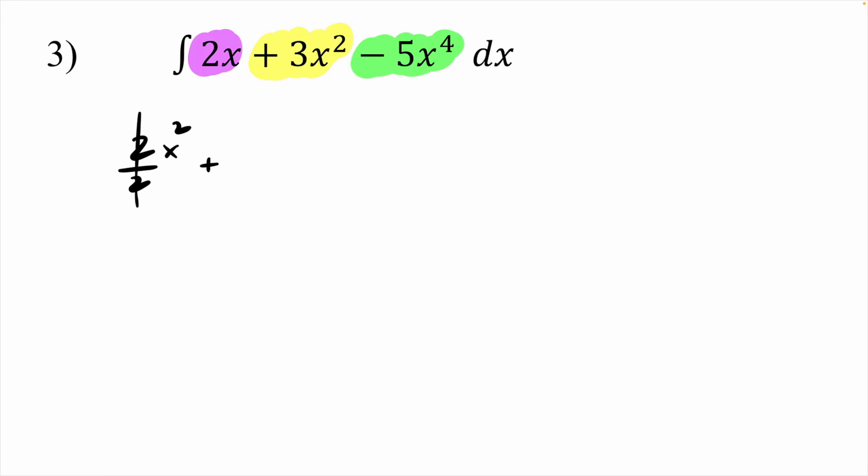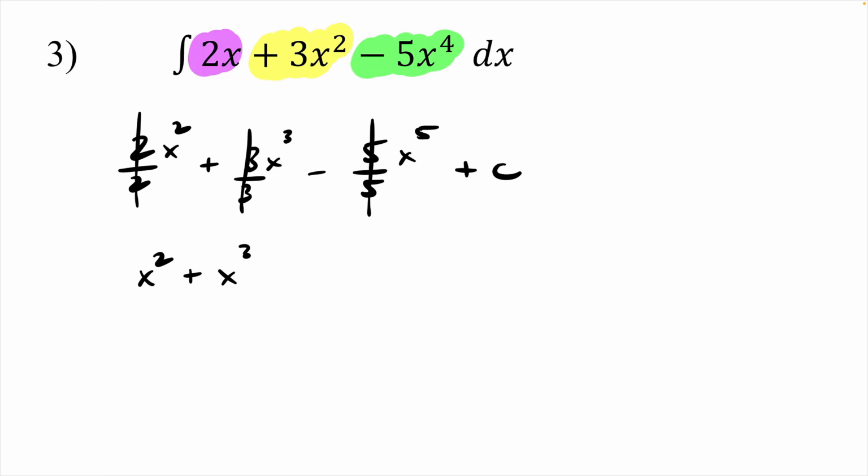Plus the antiderivative of 3x squared: it would be 3x to the 3rd divided by 3, right? And then 5x to the 5th divided by 5 plus c. So all the coefficients reduce to 1. So really it's just x squared plus x cubed minus x to the 5th plus c.